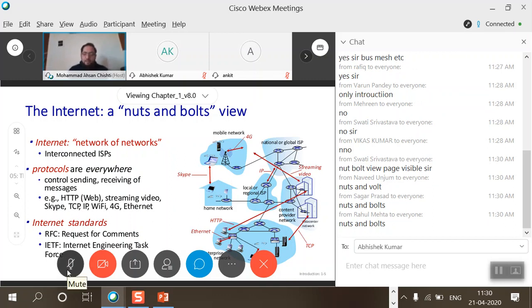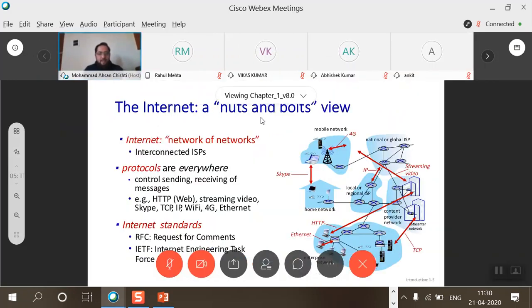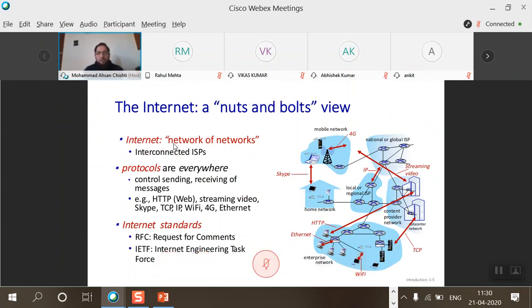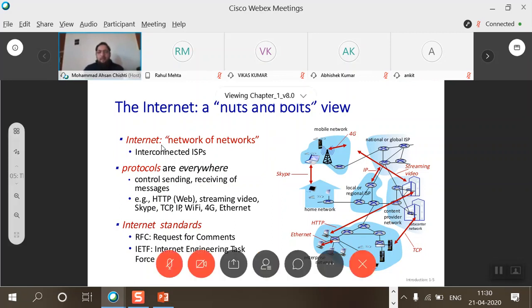So now in this nuts and bolts view, we come to another part. If you see the picture, I'm talking about slide number 5. In the center of it, it has mentioned local or regional ISP, right? ISP is Internet Service Provider. If you're connected through Geo this time, using your network, your Geo is your Internet Service Provider.